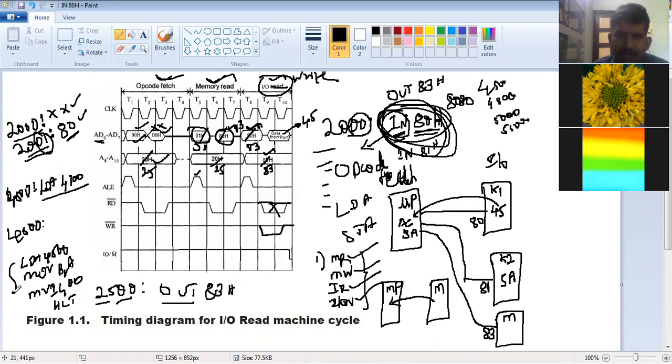Just consider these 4 lines as one program. For this, how many T states in total will it take? For completing this program, how many T states will it take?